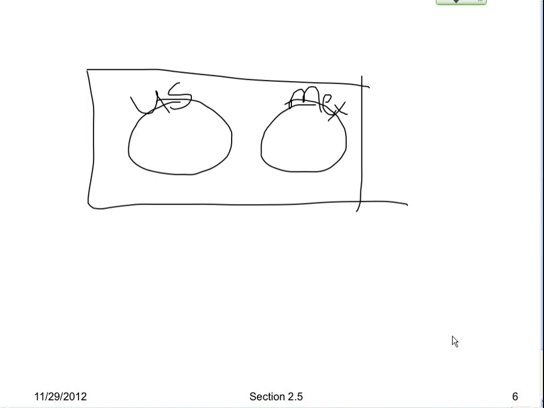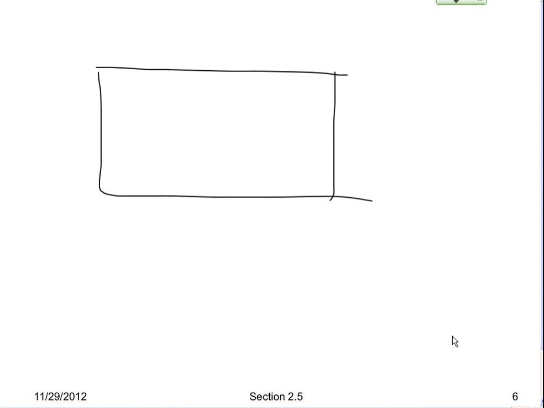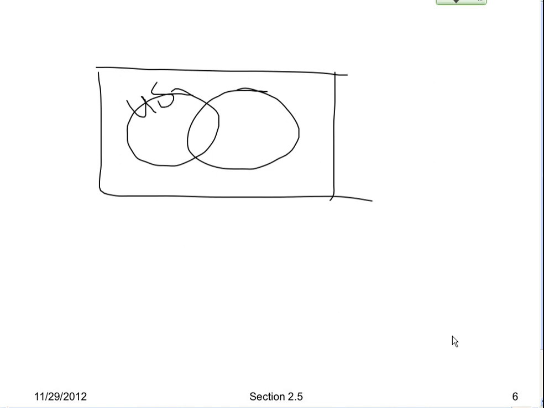And if you're a U.S. citizen, you're not going to be a Mexican citizen. So we need something to overlap with the U.S. citizens. So we are going to make our other set the people that agree. So outside of those two circles would be Mexicans.